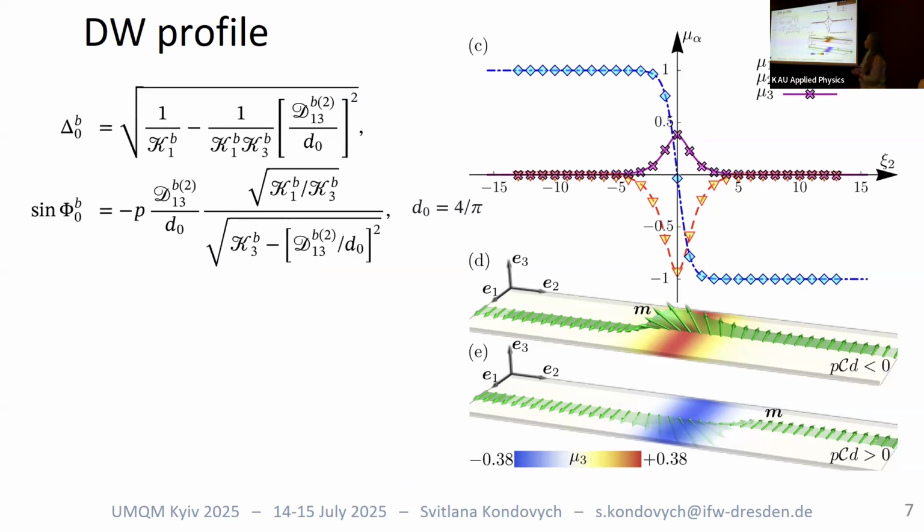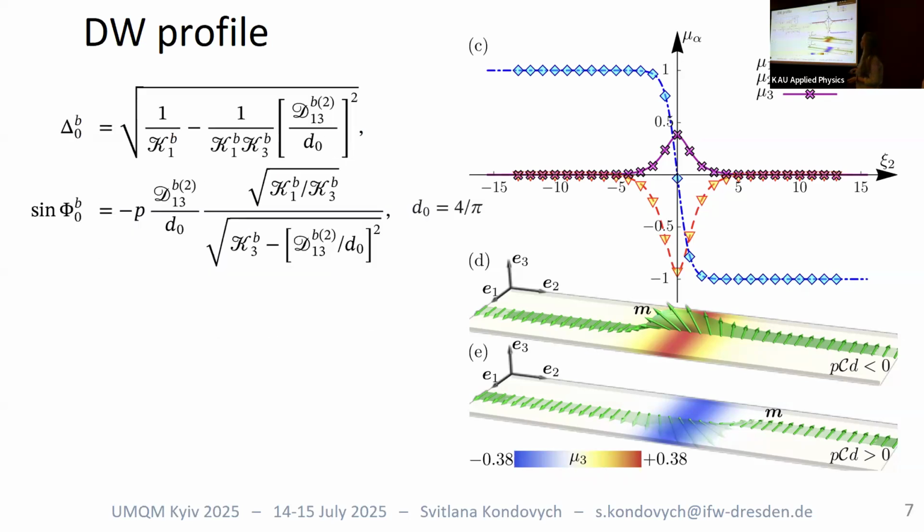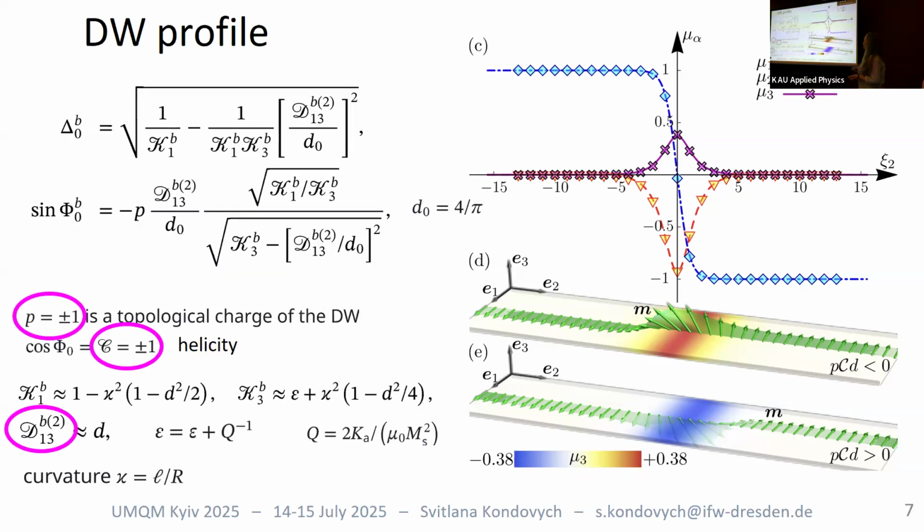So these are equilibrium parameters of such domain walls, domain wall width, and the equilibrium phase. You see they depend on the same parameters. So as I have shown in the previous slide, it's curvature, DMI, and anisotropy. The chirality of the resulting domain wall depends on three parameters, which are topological charge, helicity, and the sign of the DMI interaction.